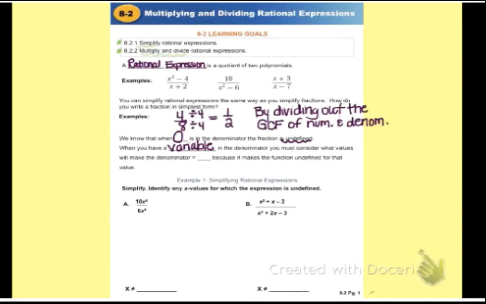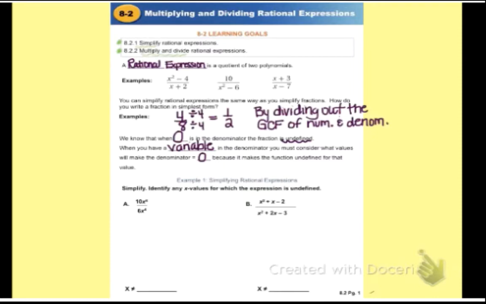So you have to consider what value someone might input for the variable that would cause the denominator to be 0, and you have to exclude that value from the domain. So we'll just say, in some cases, x cannot equal these particular numbers that make the denominator equal to 0.